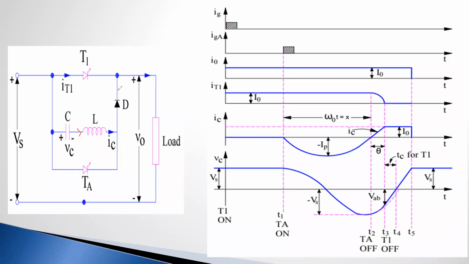through the diode, when the capacitor current becomes positive and increases through this circuit, clear, then what will happen at this point? Apply the KCL.